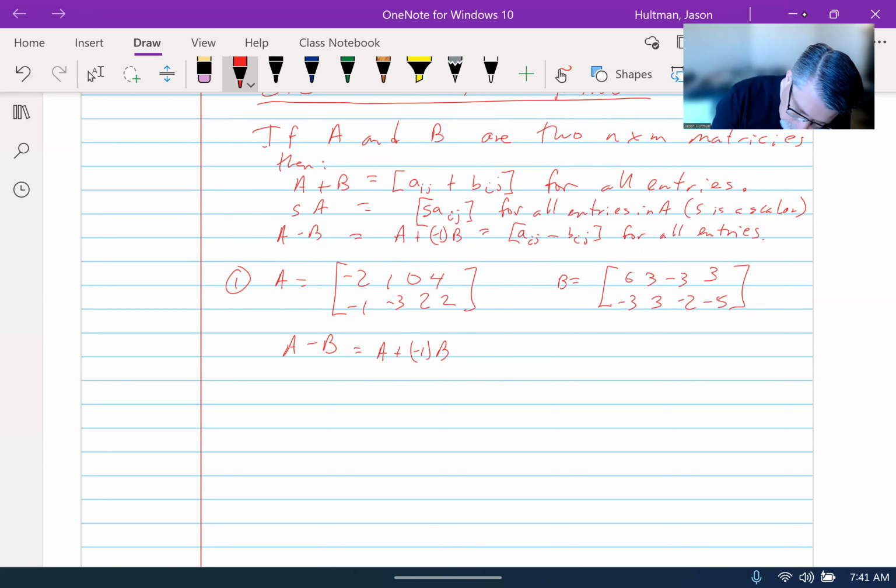Okay. I'm going to match up the entries. So I want to do -1B. If I negate B, if I do -1 times B, that's -1 times everything in here.